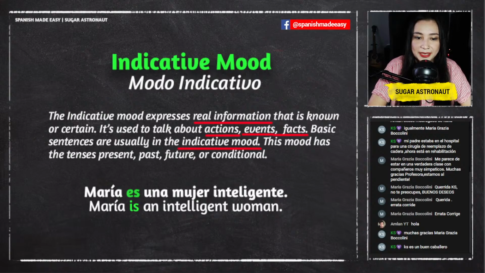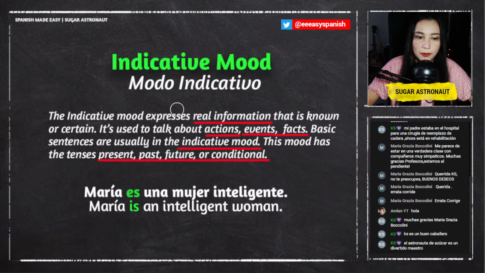So this mood has different tenses, and they are the present tense, past or perfect tense, future tense, and also conditional tense. So yes, it has quite a few tenses, and this is the most basic one. Once again, it's about real information, facts, events, actions. And the tenses that you can use in this mood are present, perfect, future, and conditional. Oof, a lot of information.